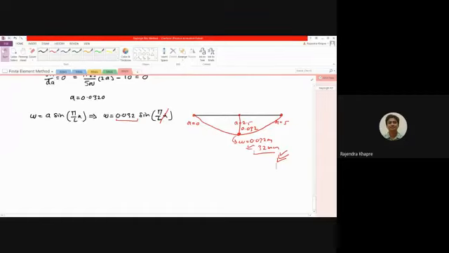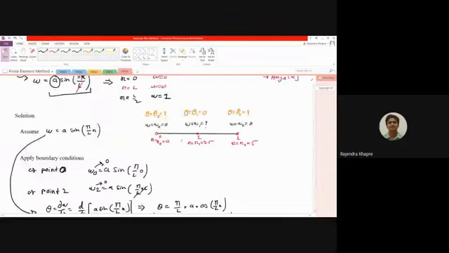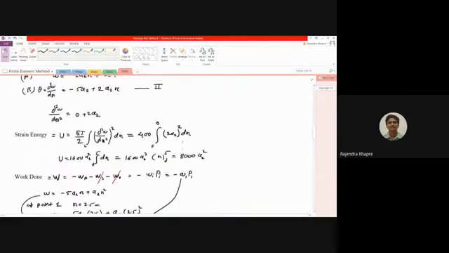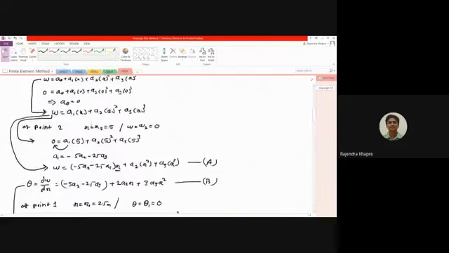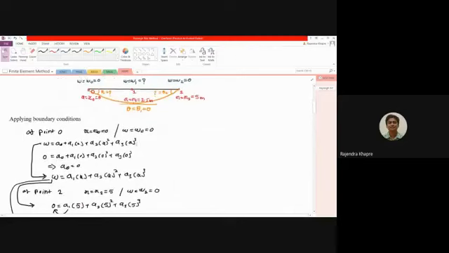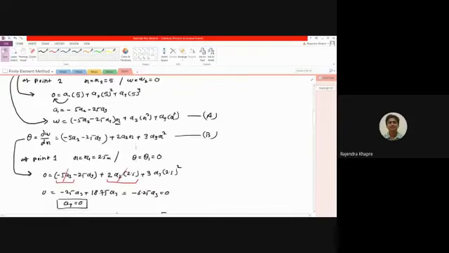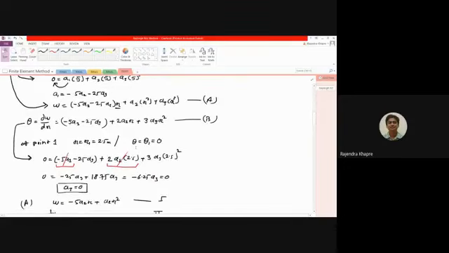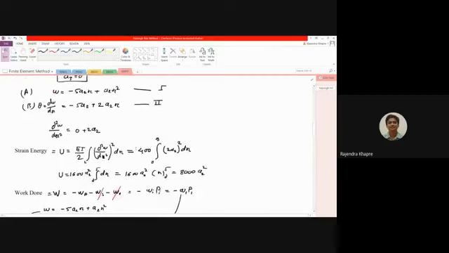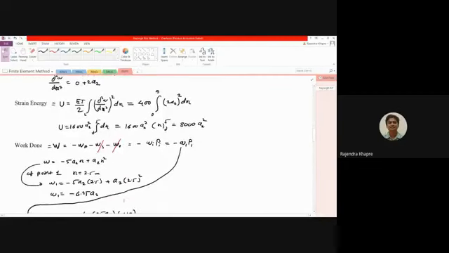And if you want more accuracy in this polynomial function, and you add one more term, that is a4 into x to the power 4, the complexity of the problem will increase. Here we came across only one unknown relationship between a1 and a2, which we established.